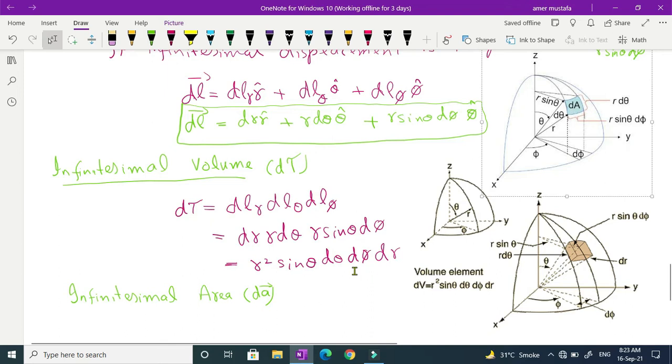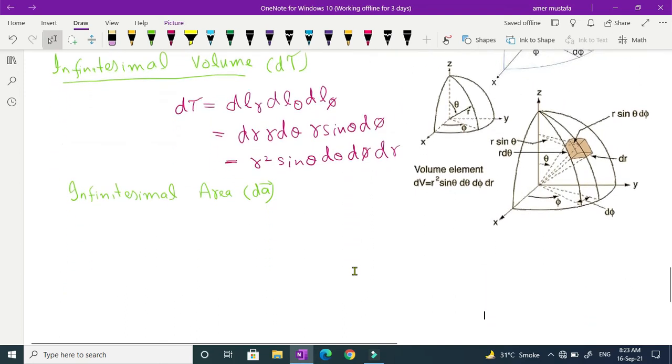Infinitesimal area has no general formula like the infinitesimal volume. It depends upon the different orientations of the plane.